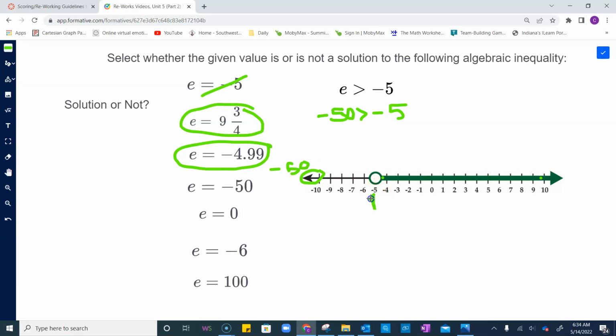So here's our -5, our start point, and -50 is way down here. So it is to the left of -5. So that makes that number smaller. Numbers to the left of -5 are actually smaller than it, not greater. This is the greater than symbol. -50 is not greater than -5. So that is not a solution.